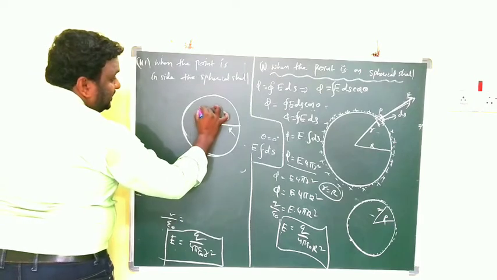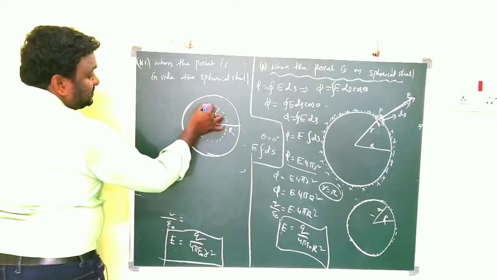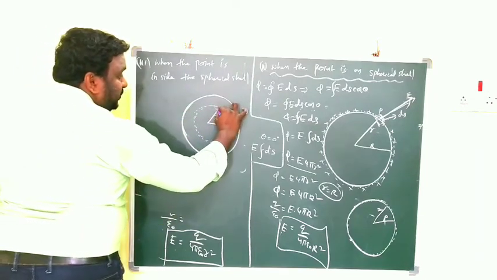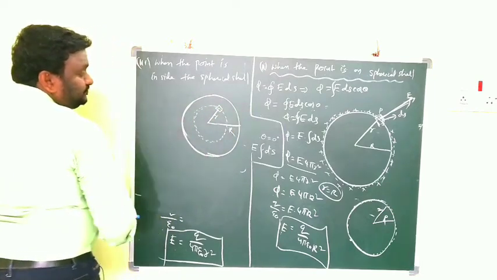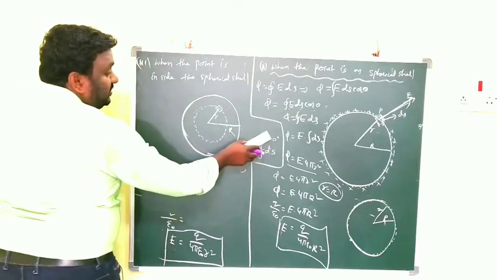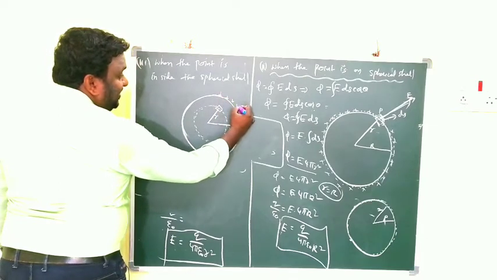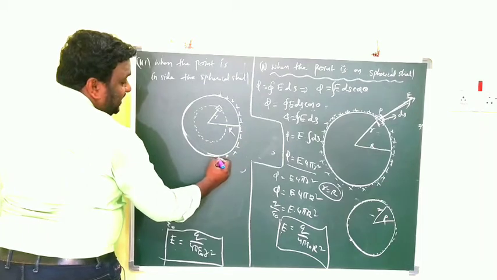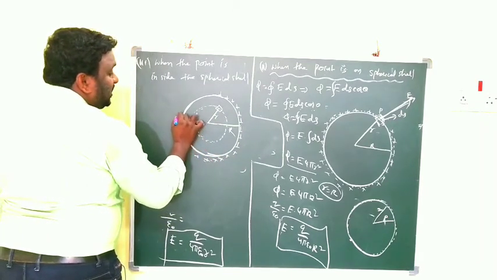Now at that point we are constructing one Gaussian surface. This is the Gaussian surface, and at this point we take a small element of length ds. Clear? Now in this case, the charge is available on the spherical surface only, because we are talking about the surface charge density.